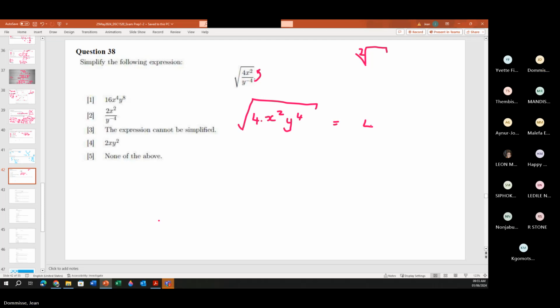So another way to write that, if we see something like this, another way to write that is, this is exactly the same. So those two are exactly the same.